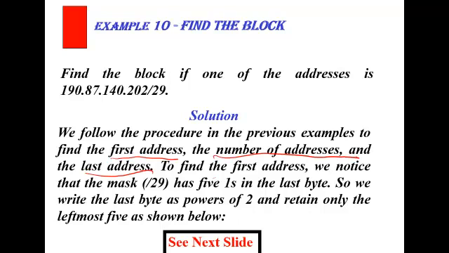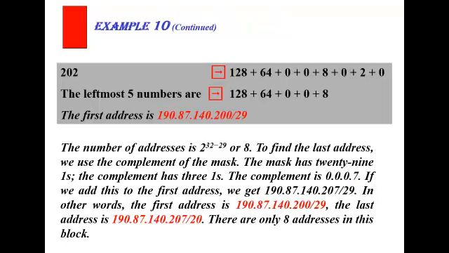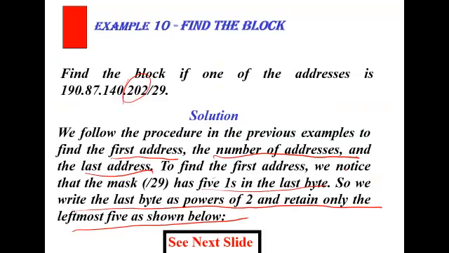To find out the first address, the last three methods were there. You can use any one of them. If you see, we notice that the mask 29 has 5 ones in the last byte. So we write the last byte as a power of 2 and retain only the leftmost 5 bits, as shown below. This can also be a method if we convert 202. Now you can see that 202 is the last part.